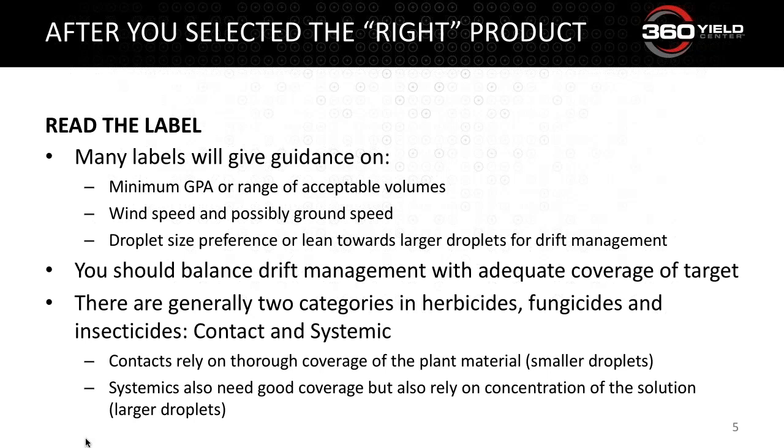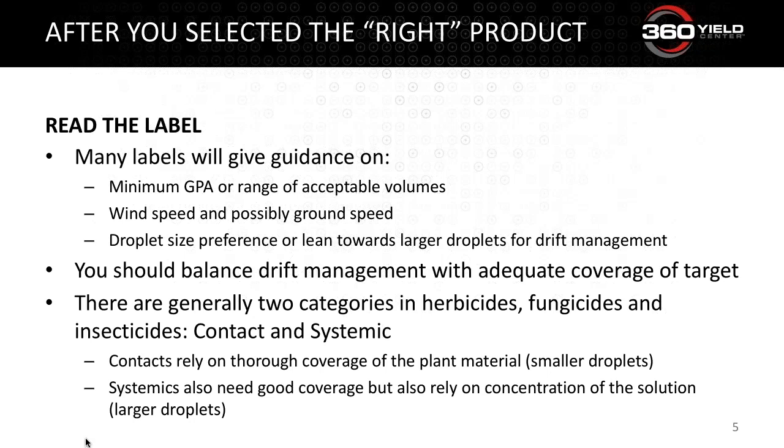We've kind of moved away from talking about microns. It's confusing. It doesn't mean a lot to us. So I'll talk a little bit about droplet category sizing here in a minute. So we've kind of made that an industry standard, which is nice. And some labels will get really specific and talk about, you know, go with a fine to a medium droplet size.